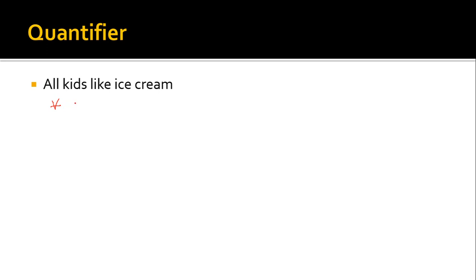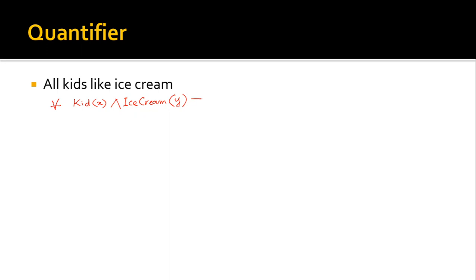So we are saying that something is a kid, kid X, and something is an ice cream, say Y, and they should both be true.